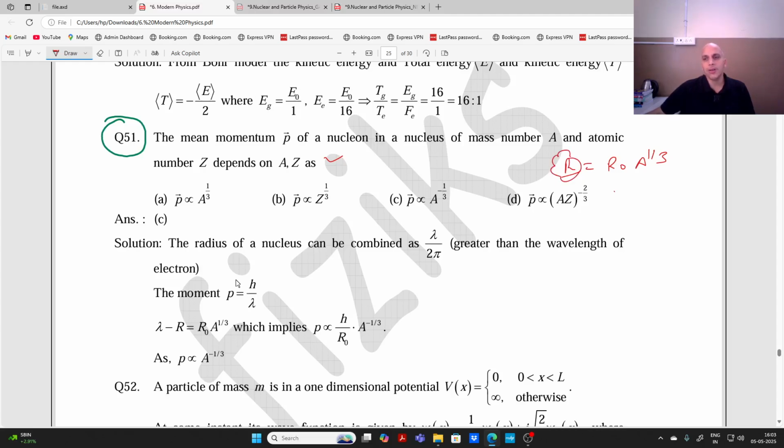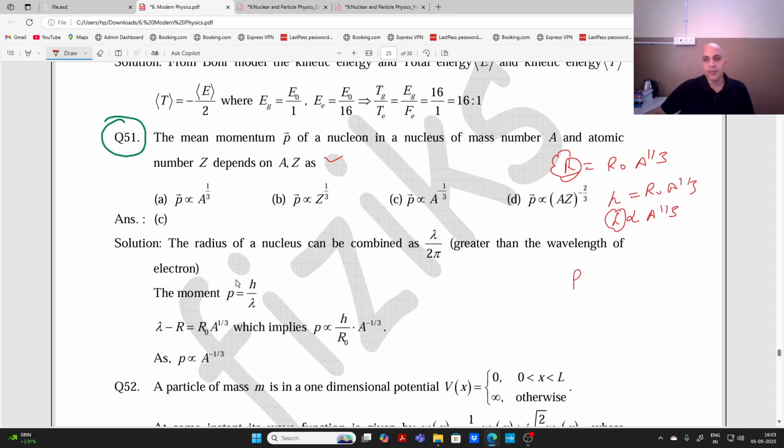It is of the order of the wavelength, so lambda is proportional to A power 1 by 3. Lambda is the wavelength associated with the nucleus.